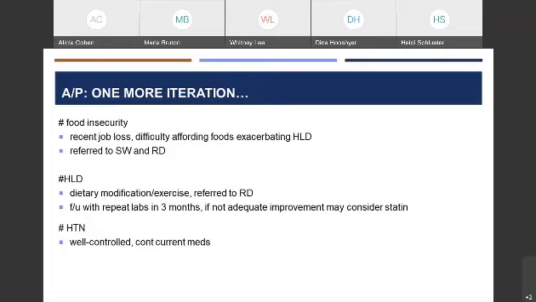Is that correct? Yes, it is. Thank you. And I think by physician, you mean the treating provider for that patient, for that encounter, like nurse practitioners, physician assistants, and other medical clinicians.